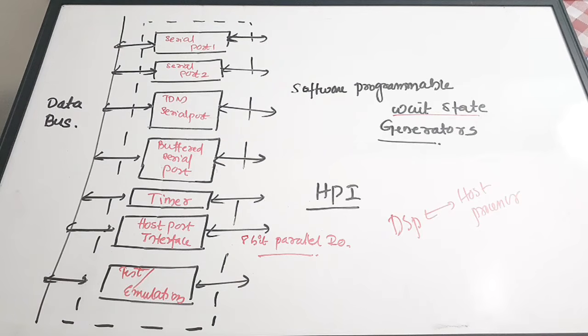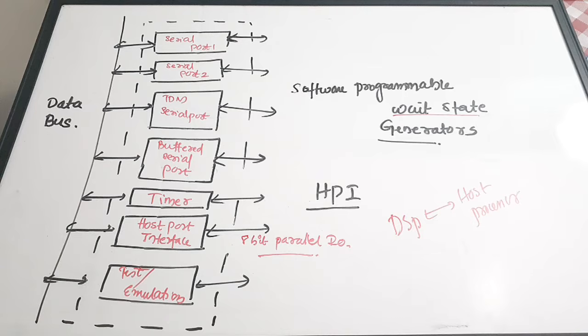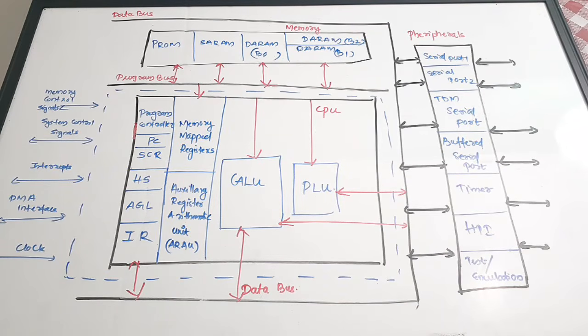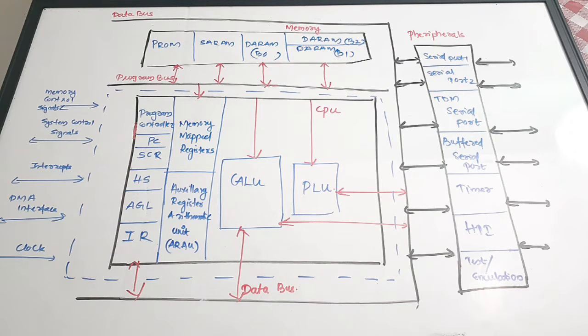Now we are going to see how we can actually draw these three elements. That is, the memory element, the CPU and these peripheral units. How can we integrate these elements together as a DSP architecture? Let us see. So this is the complete architecture of the TMS320C5x processor.